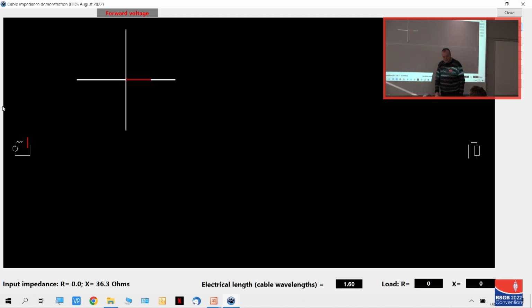So as you move along the feeder, you will see that the voltage, same amplitude, changes its phase with respect to the beginning, right up until it gets to the load. So this is the forward voltage, and at this point here, relative to that point there, the phase has changed. It's gone through about 1.6 cycles, in fact.